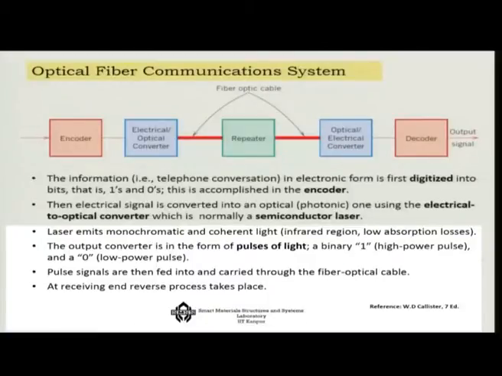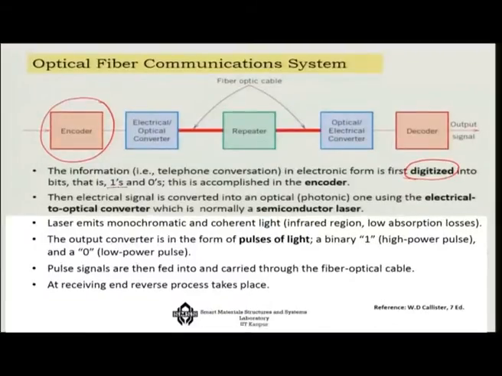So you first need to convert the electronic form into a digitized form. That is the role of the first part, which is the encoder. The information in electronic form is digitized into ones and zeros. So any information can be digitized in the encoder.